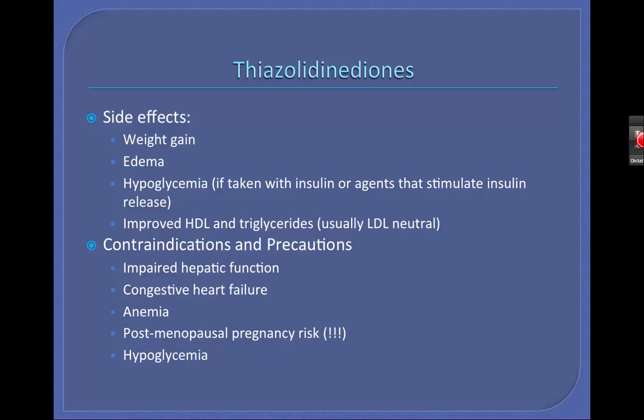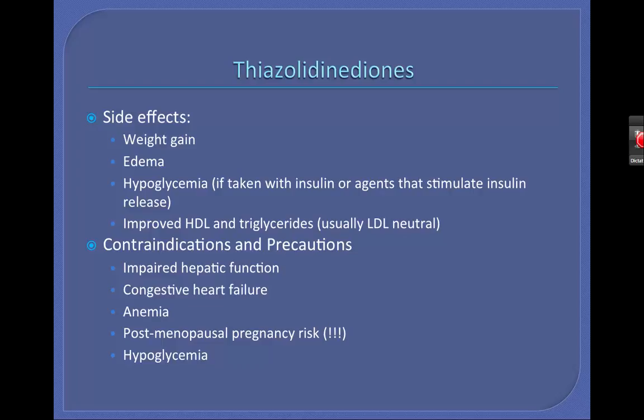So with TZDs, it causes plasma volume expansion, which is absolutely awful with congestive heart failure. Okay? Plasma volume expansion, we don't want to do that in people with congestive heart failure. Anemia is possibly due to dilutional effects from the increased plasma volume expansion.